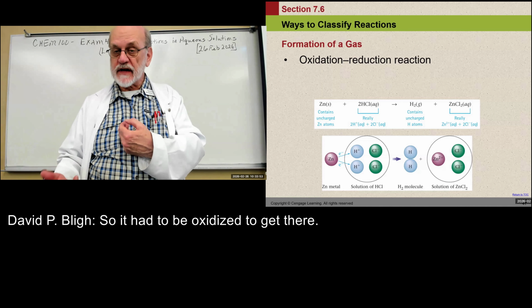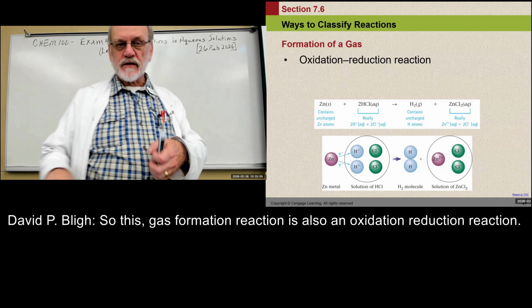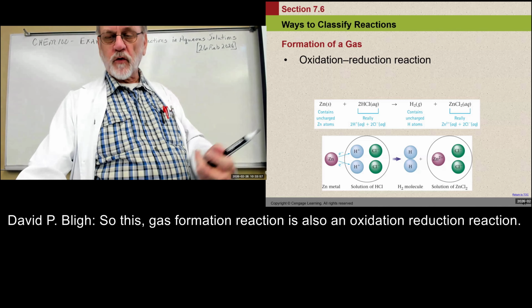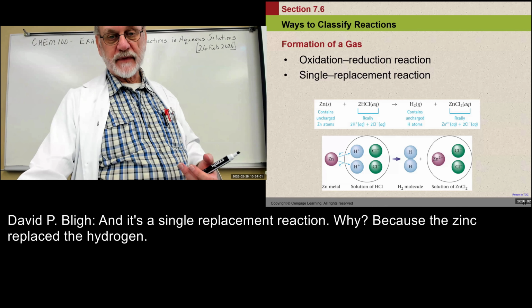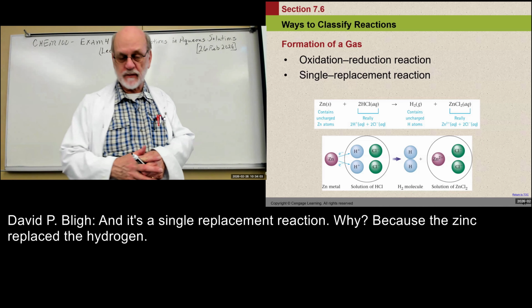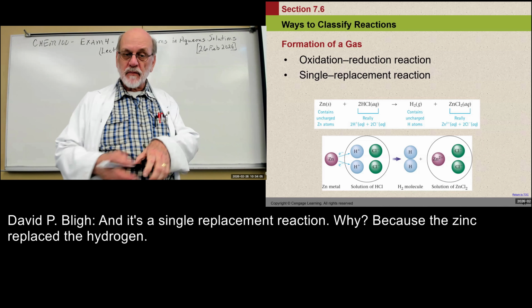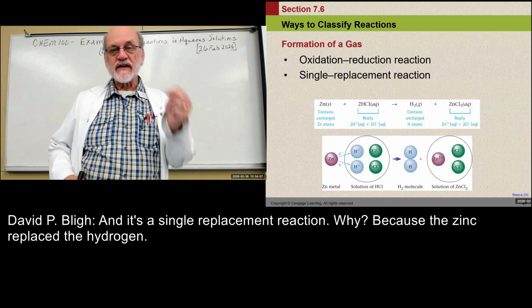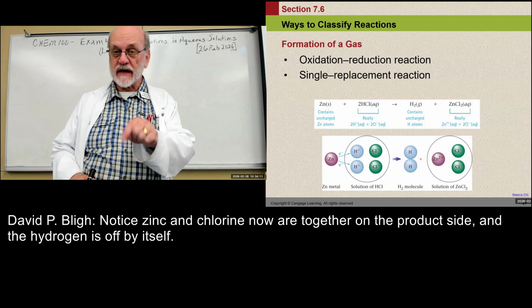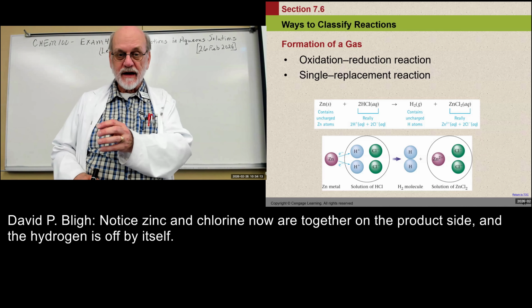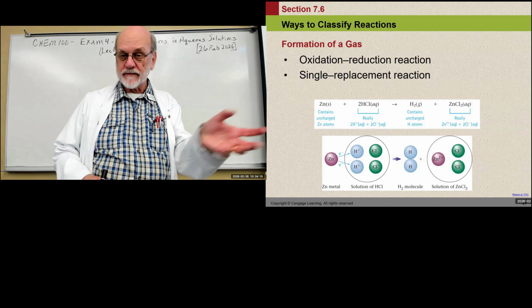So it had to be oxidized to get there. So this gas formation reaction is also an oxidation reduction reaction. And it's a single replacement reaction. Why? Because the zinc replaced the hydrogen. Notice zinc and chlorine now are together on the product side, and the hydrogen is off by itself.